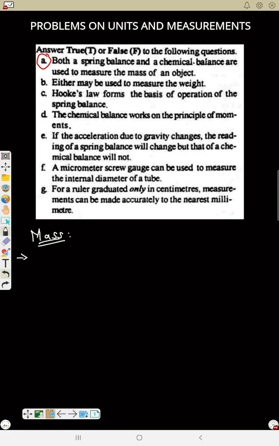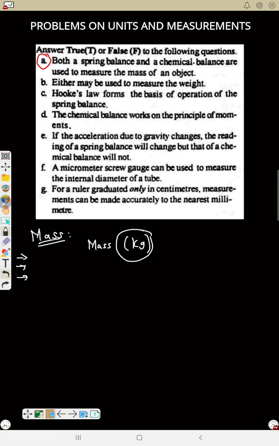Take note. Another point, it is a fundamental quantity because mass is measured in kilogram. Its SI unit is kilogram.